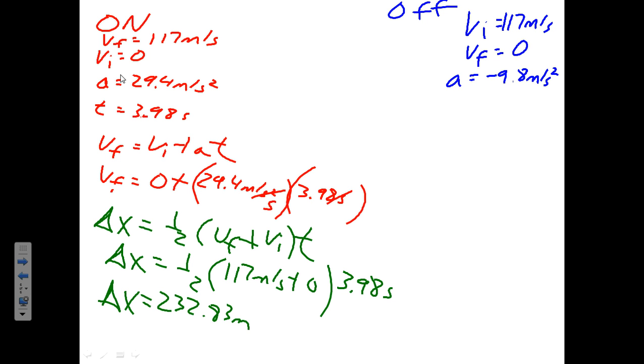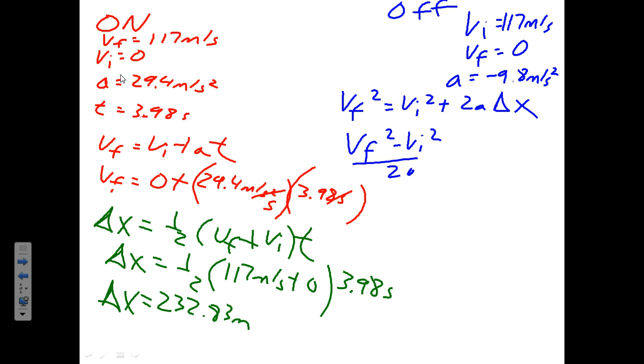And from looking at this, probably the easiest way to find this displacement would be to use this equation. There are a couple of ways we could do it, but probably this one would be the easiest. Solve that out for delta x. So it would be VF squared minus VI squared over 2A equals delta x. Plug in what we know.